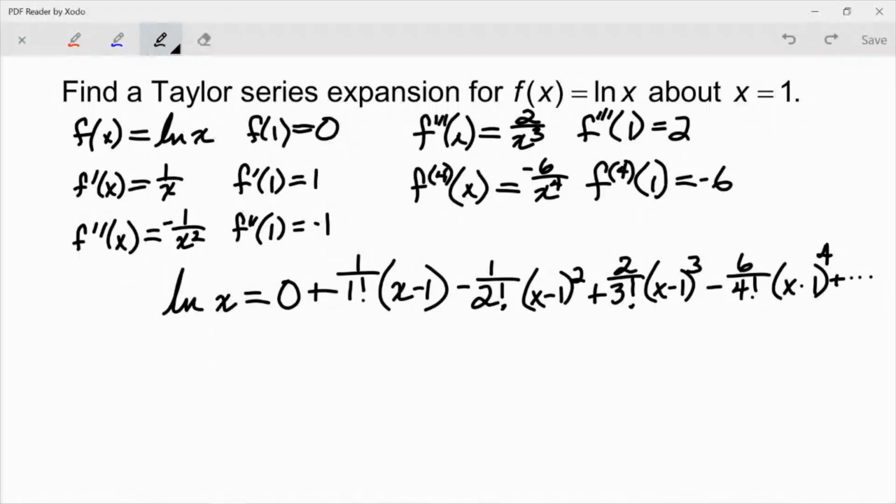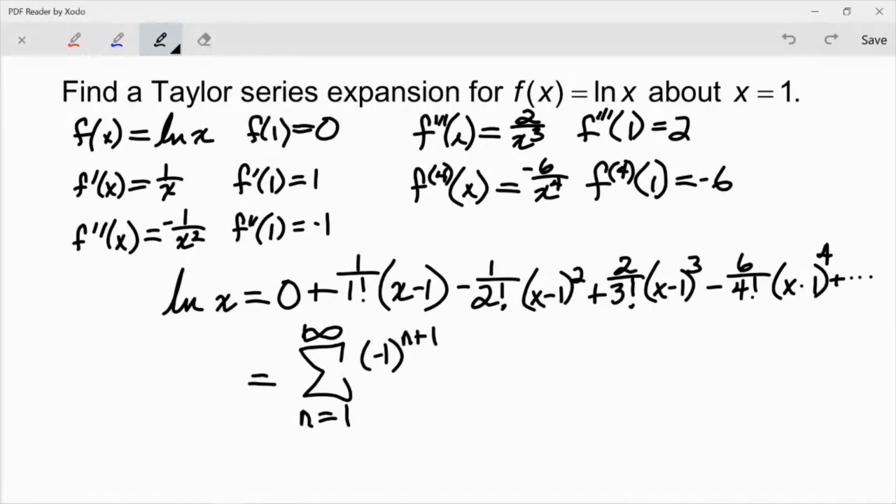Well, before I mess around with this, since I already see factorial patterns in the numerator and the denominator, I'm going to write this out in sort of an unsimplified form, and then I'll simplify the pattern that I see. So I'm going to start it at n is 1 this time, and I'll explain why in a second. Okay, so we're going from 1 to infinity, and we've got -1 raised to the n plus 1 power.